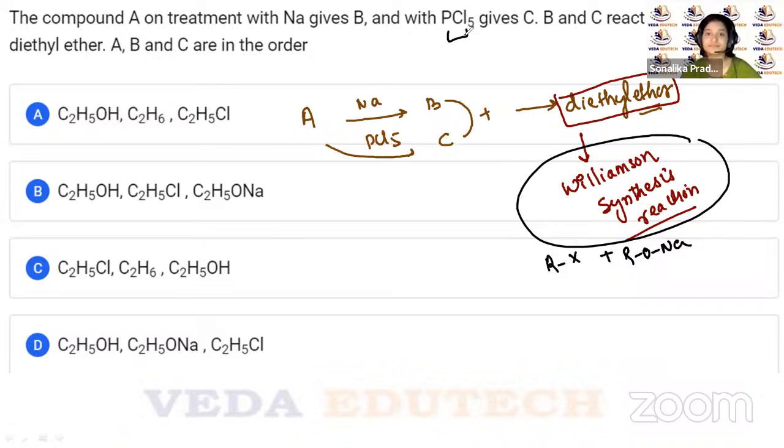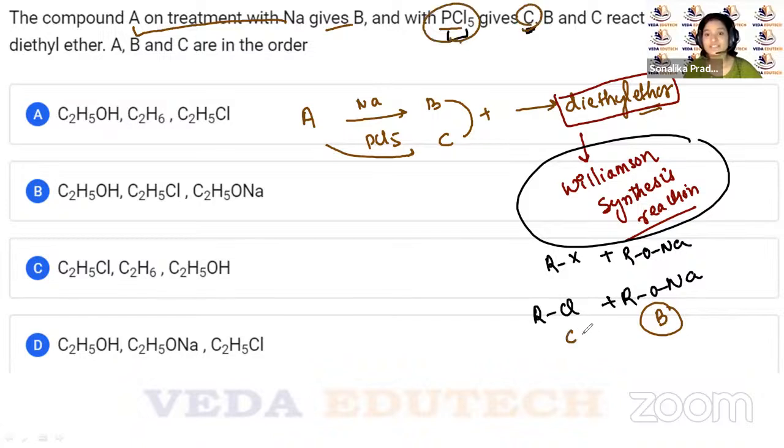So whenever there is going to be Cl, I'll be having one product as RCl and the other product as RONa, right? As the first product on treatment with sodium gives us B, B should have Na. So this should be B, right? And when you treat it with PCl5, it's going to give you C. This should have Cl.